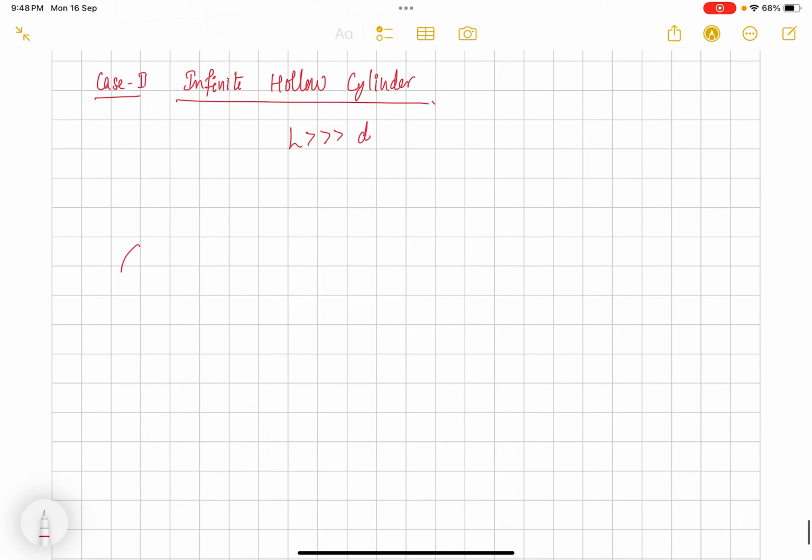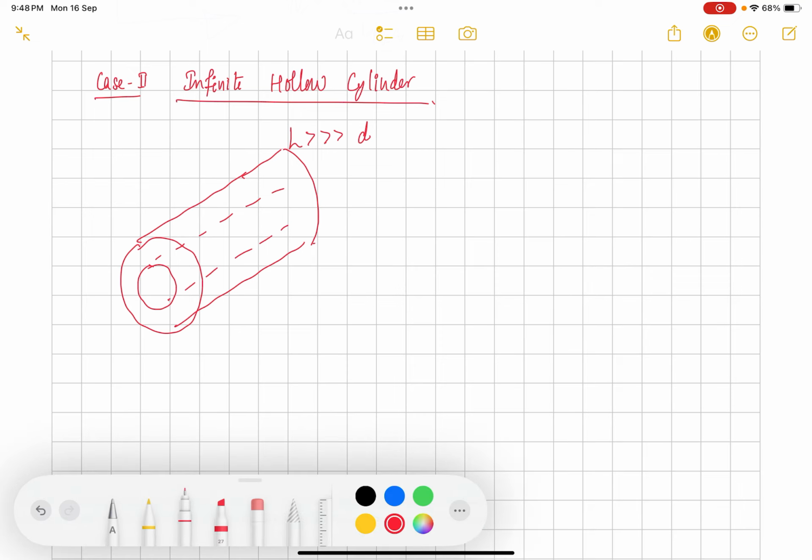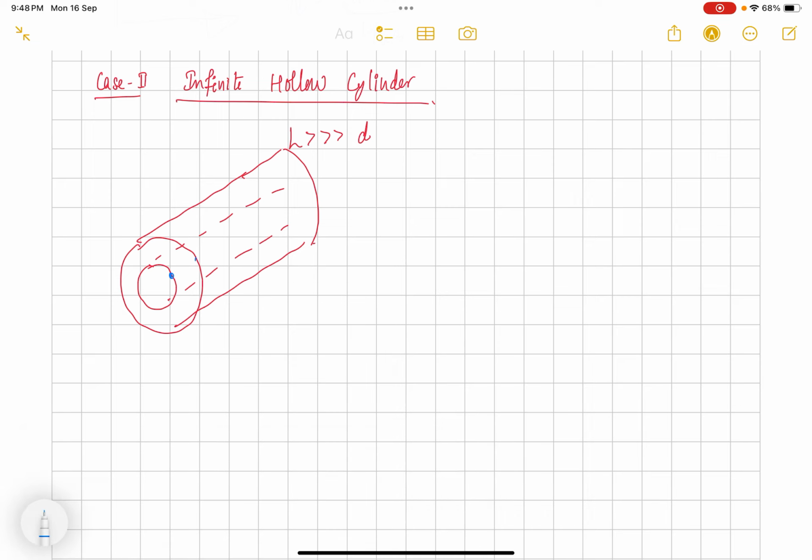So let me draw that. This is the hollow cylinder I am talking about. We want to find the temperature distribution, and let's say some fluid is flowing inside.